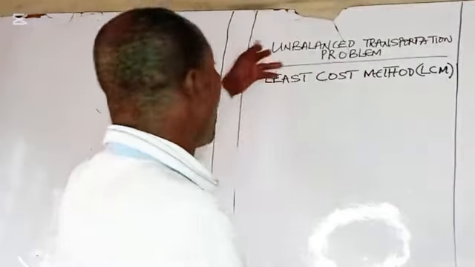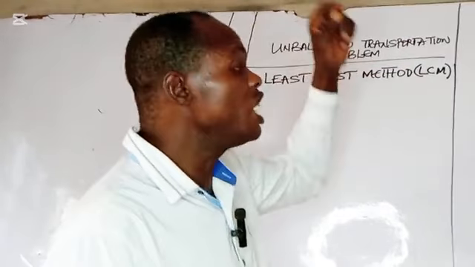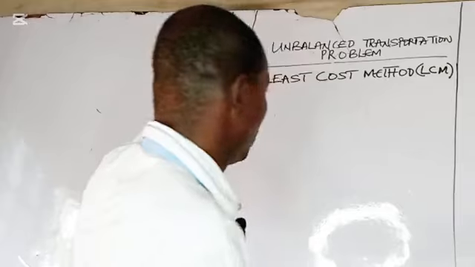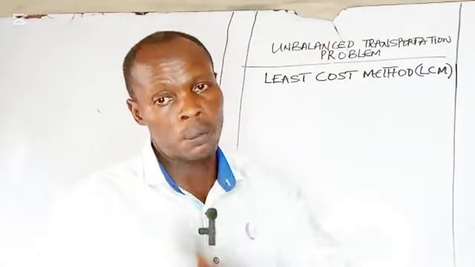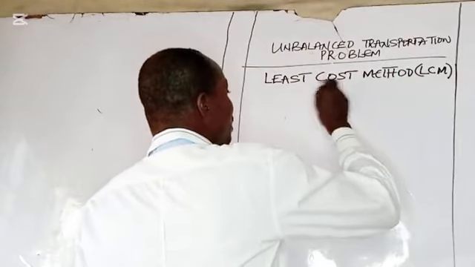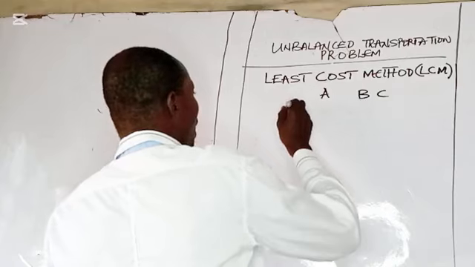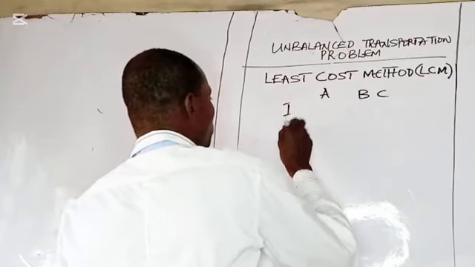Now, unbalanced transportation problem is the one in which the total demand is not equal to the total supply. So, for example, if you have A, B, C, and then you have 1 and 2.